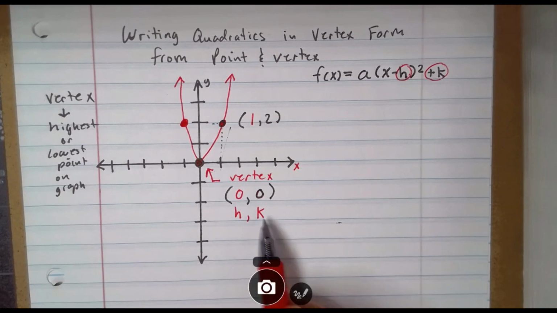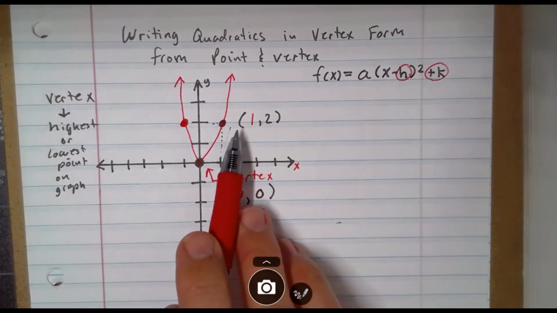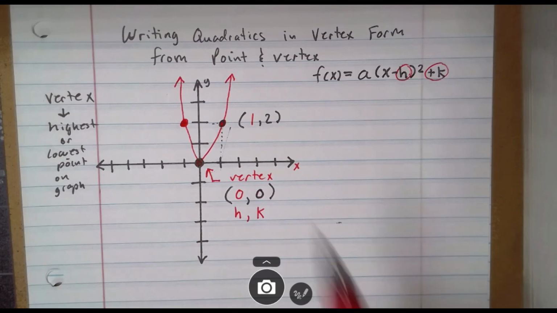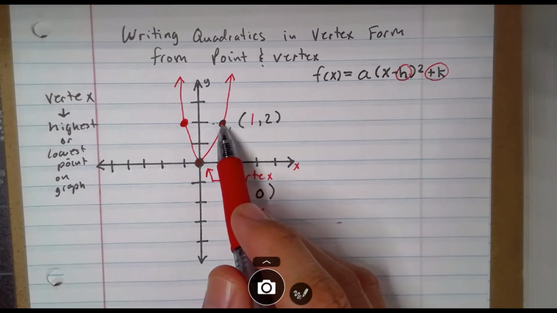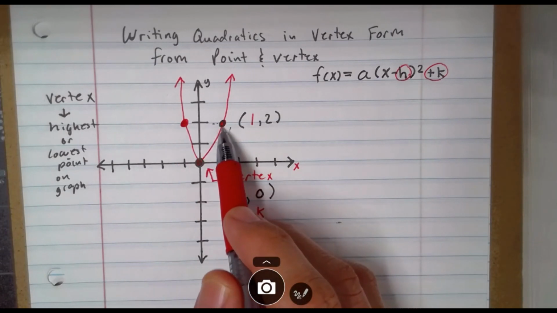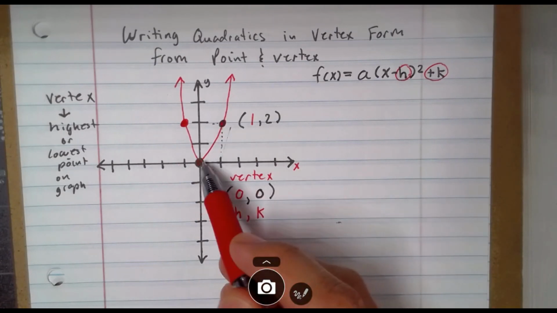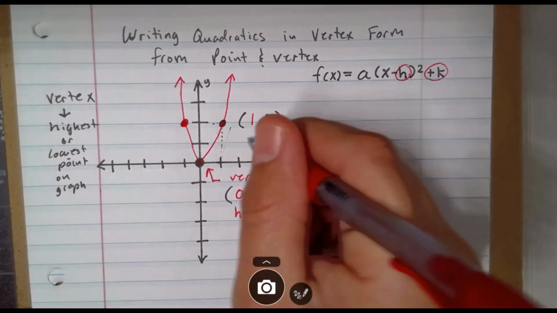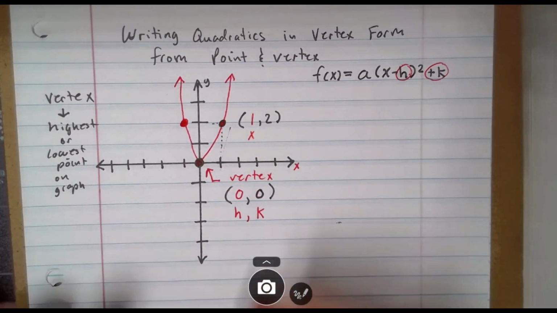So that's why I labeled them. This has to be the vertex, not the point. The vertex gets labeled h and k. Then I'm going to label the ordered pair, which is just a point, any point on my graph. I could have used the one on the left, or any point on the right. We don't want to use the vertex, but any point other than the vertex. I'm going to label that one just regular x and y.